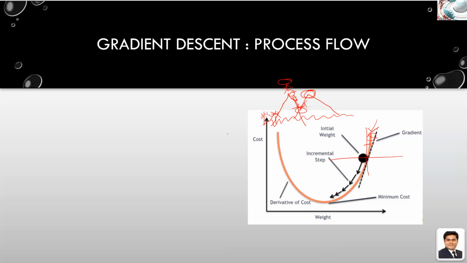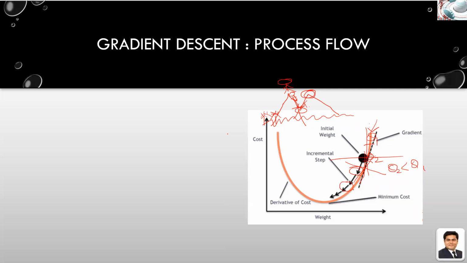This is exactly what gradient descent does. It measures the local gradient of the error function with regard to the parameter vector theta, and it goes in the direction of the descending gradient. Whenever it goes here and calculates the gradient again, this is theta 2 and this is theta 1. It is evident that theta 2 is less than theta 1.